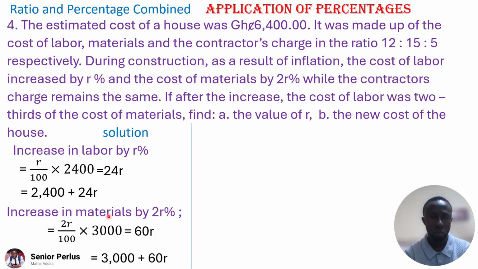Now they are saying that whilst the contractor remains the same, there's no increase. Due to inflation, the cost of labor increased and the cost of material also increased, but the contractor remains the same, so you maintain the contractor's money.